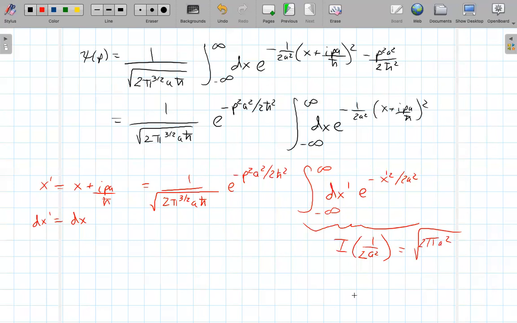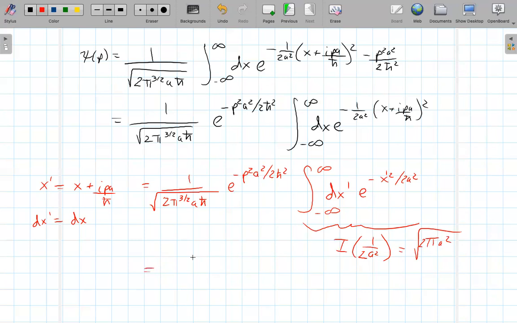So what's the value of this integral? The reason I'm defining this new x variable is that I can turn this ugly looking thing into simply a Gaussian integral where I know the value. Life is good. So all this stuff here just goes into the prefactor.